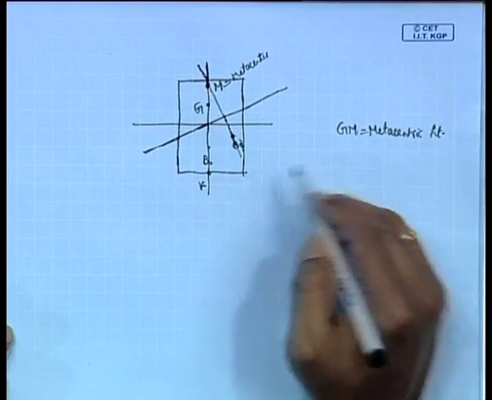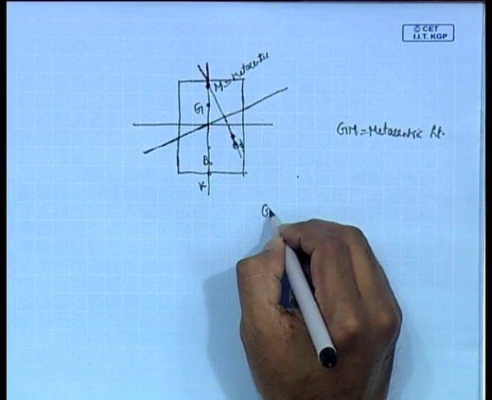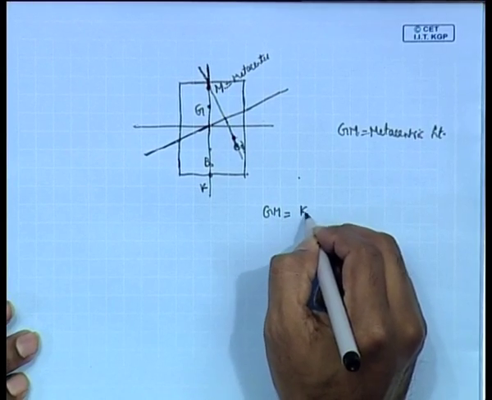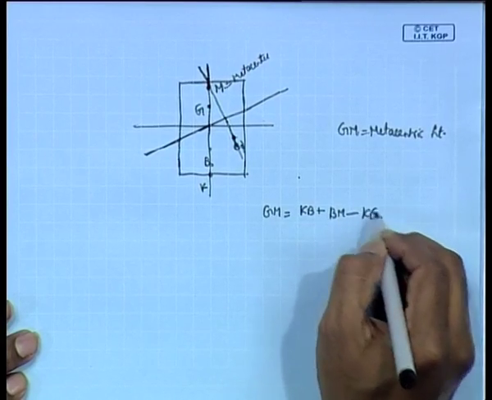And so, as we showed last time, we have K, B, G and M. You will see that GM is equal to KB plus BM minus KG.